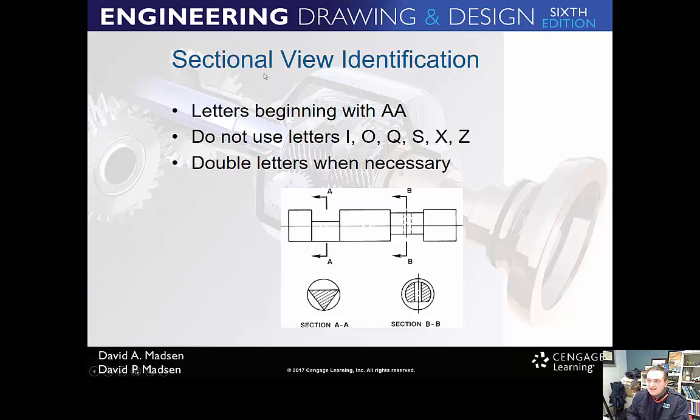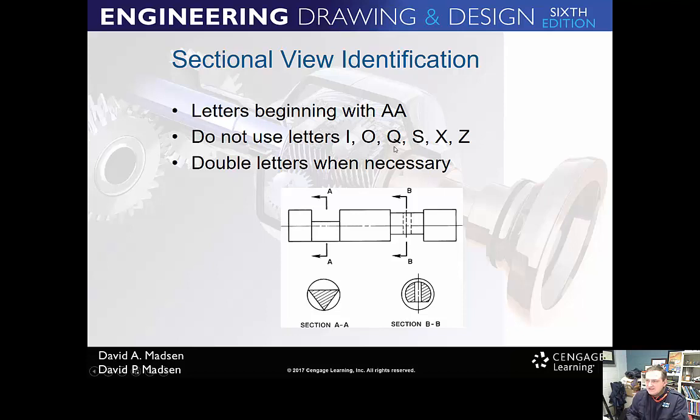So when you're identifying the sections, especially if they're removed or on another sheet, we're going to start out with AA, and the letters that you avoid are I, obviously, because it looks like a 1, O, because it looks like a 0, Q, close enough, S, I guess because it looks like an 8, I'm not sure, X, and Z. Not exactly sure why it would matter on those either, but hey, I didn't make this PowerPoint.